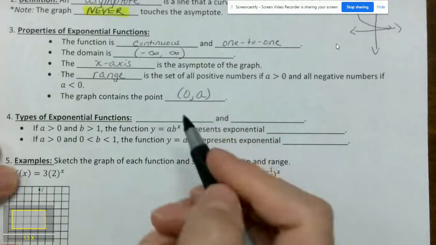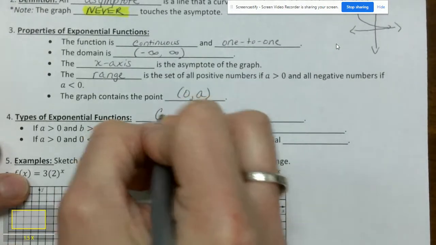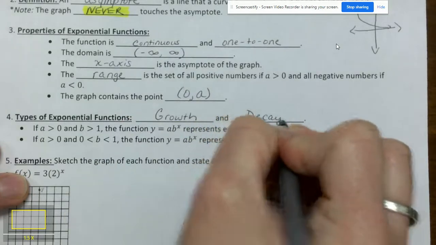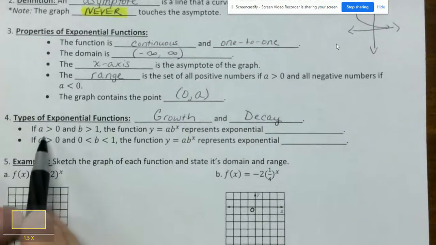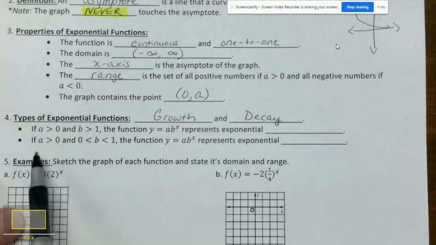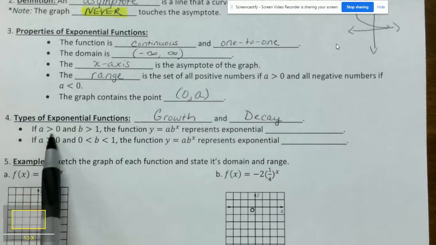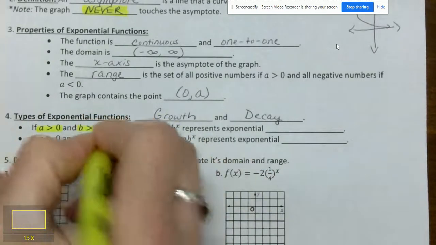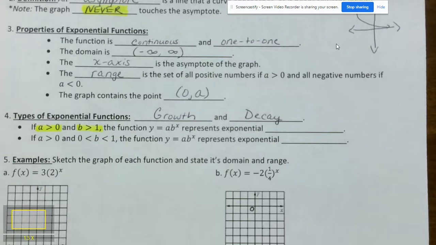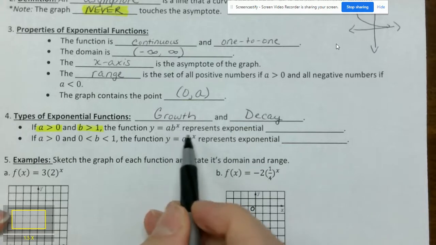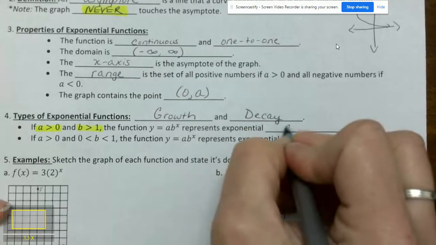All right. So we're going to talk about two types of exponential functions: growth and decay. Now, here's how you're going to know whether or not you have a growth or a decay function. If a is greater than 0 and b is greater than 1, then the function y equals ab to the x, your exponential function, is going to represent an exponential growth.